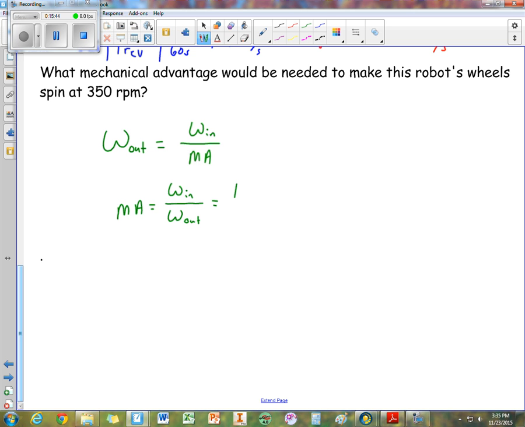So that'd be 100 RPMs over 350 RPMs. And I get a mechanical advantage of right around 0.286. And then you would have to choose the correct gear configuration to make that happen. All right, well, that concludes this unit's worth of notes.